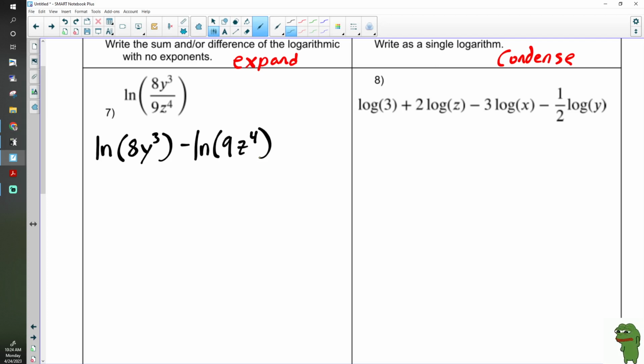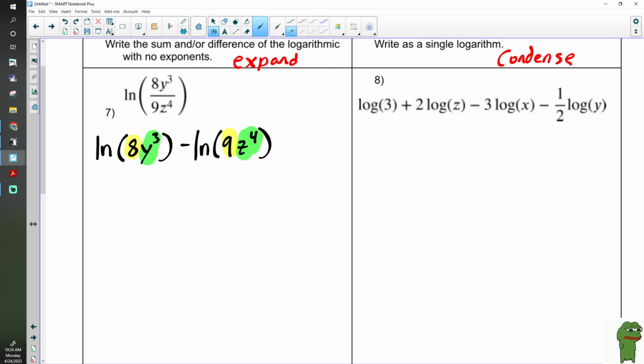We gotta just keep going until we're as expanded as possible. The more logs, the better. Inside of this new log we made, what's happening between these two things? Multiplication. Same here. This is multiplication. So we can split those up as two more ln's.